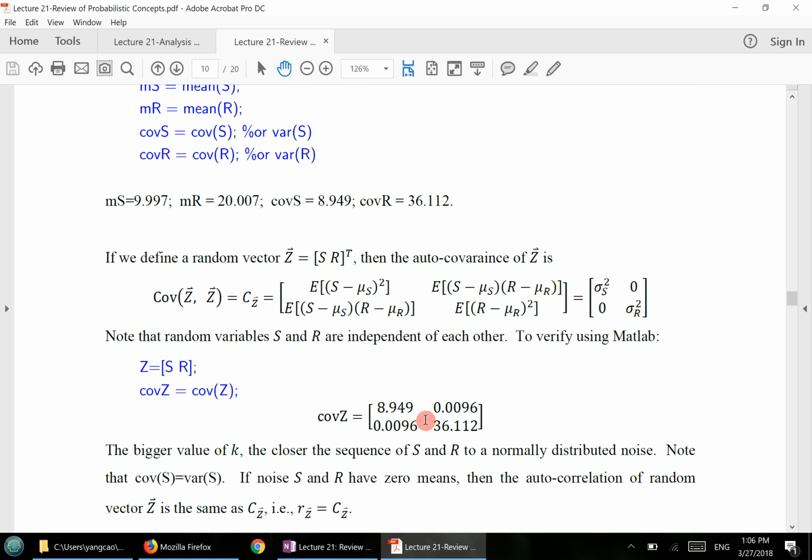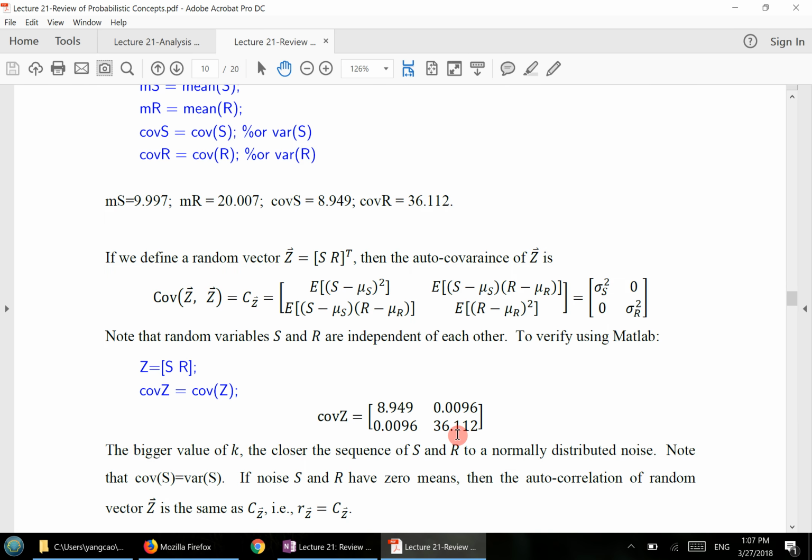Because they are both Gaussian noise, these two random variables must be independent, so the off-diagonal elements are almost 0, and the diagonal elements are essentially the variances. If you ran it for 10,000 or more data points, it would be close to 9 and close to 36. That verifies the covariance using the MATLAB command.